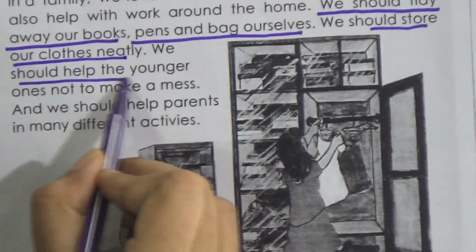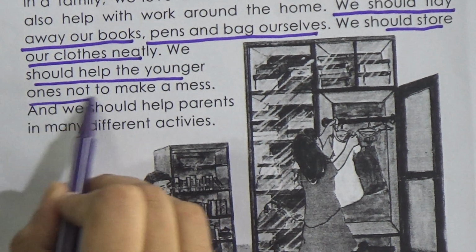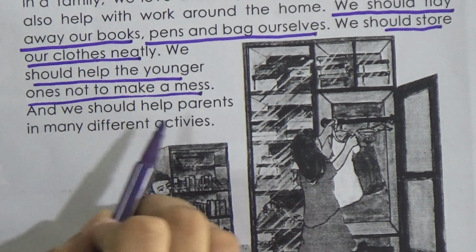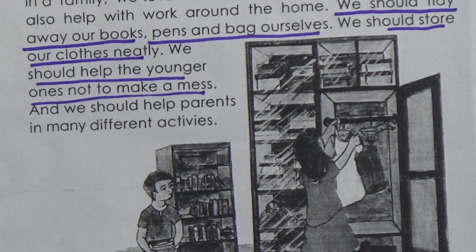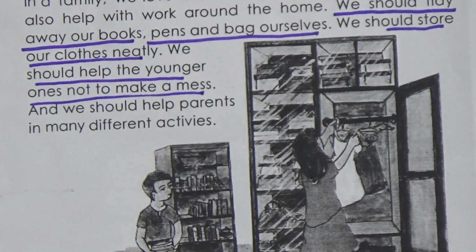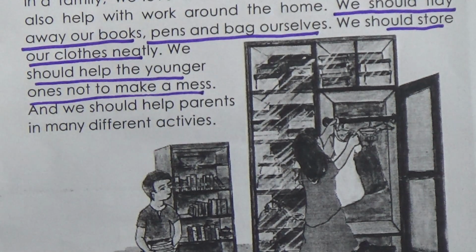If we have a younger brother or sister, we should help them. And we should help parents in many different activities. As we know, in our families we have lots of activities, so we will help them so that they can do them easily.